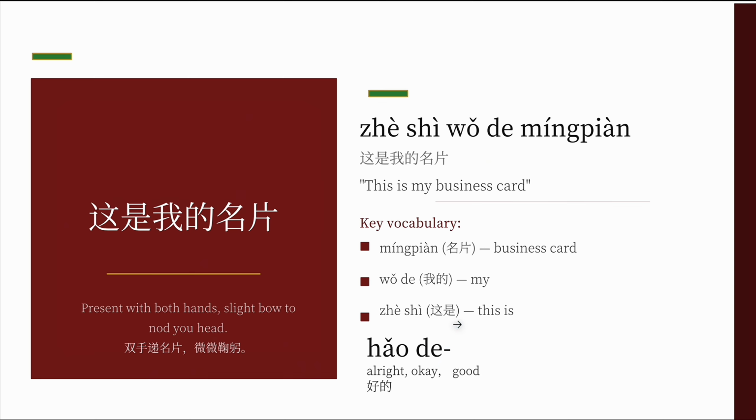So, 这是我的名片. And depending on who you give your card to, the person may just say 好的, okay, like I've got it, received. The person collects it and says 好的.